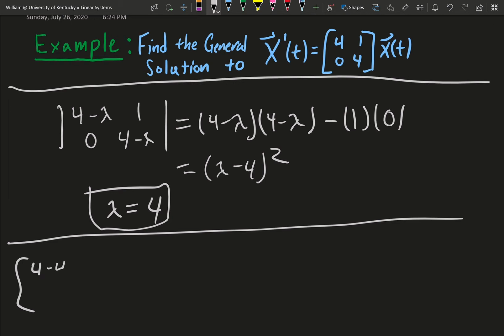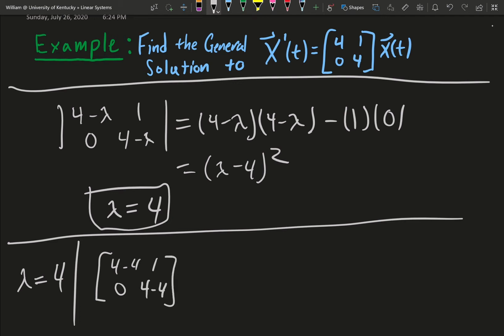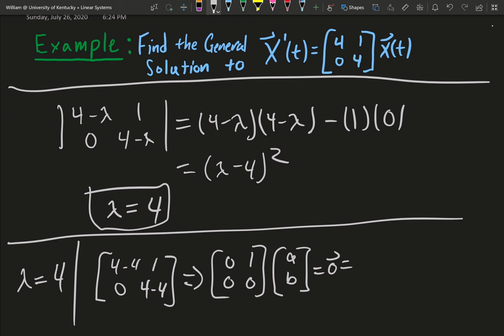So we'll go ahead and try to find our eigenvector. We set this up and we get the system of equations b equals 0, and for the second equation we get 0 equals 0.